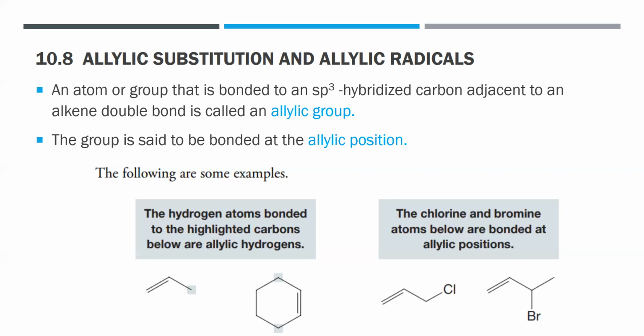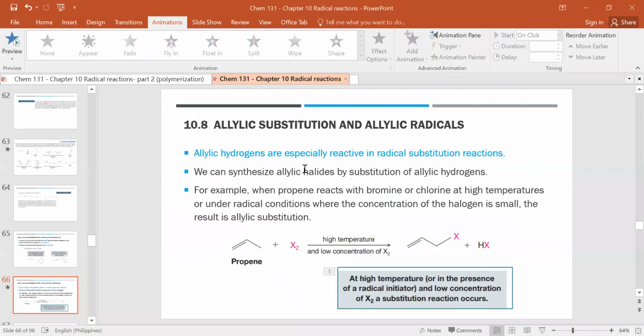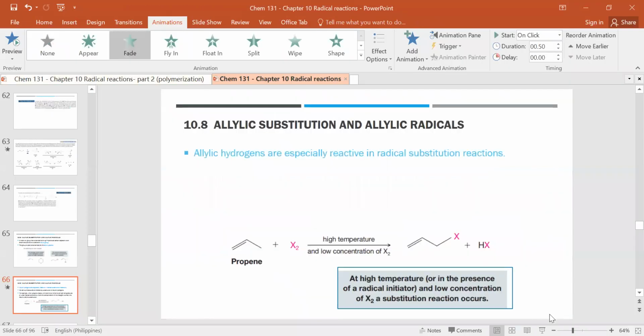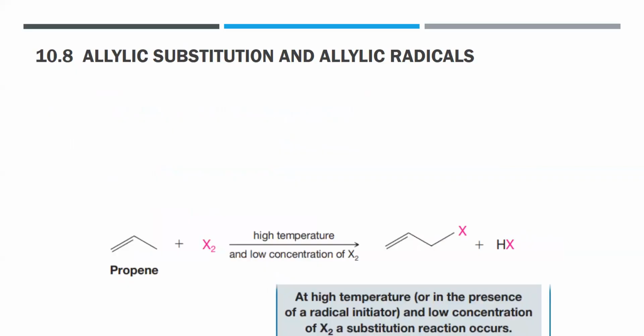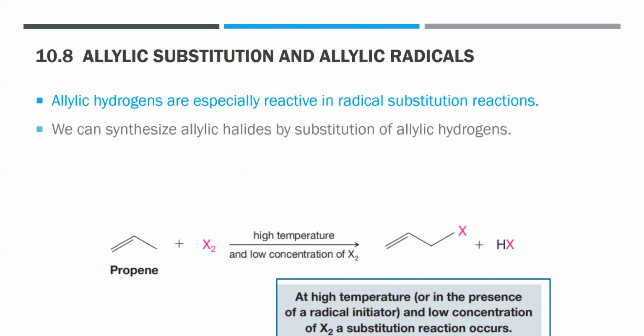Okay, so what's so special about allylic position? Allylic hydrogens are especially reactive in radical substitution reactions. Why is that? We can synthesize allylic halides by substitution of allylic radicals.